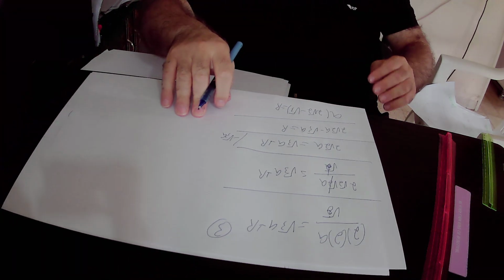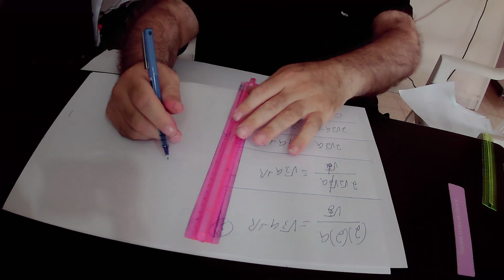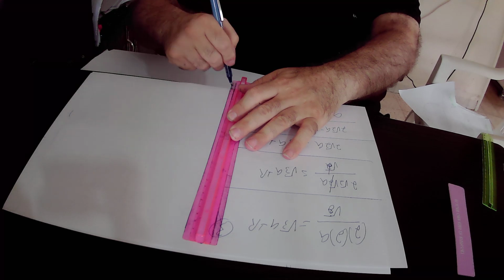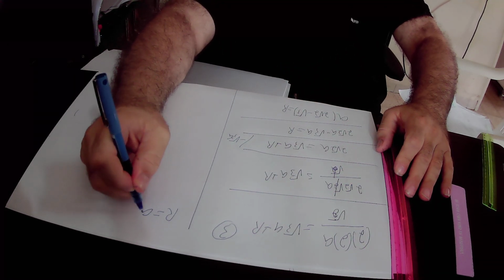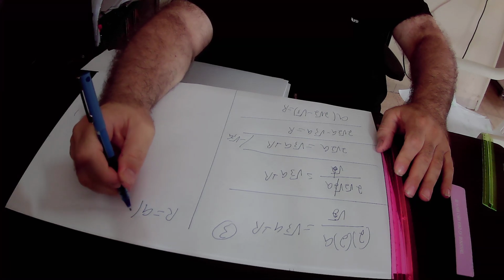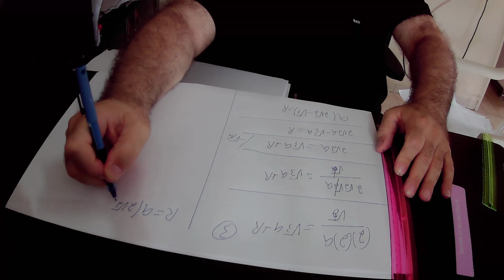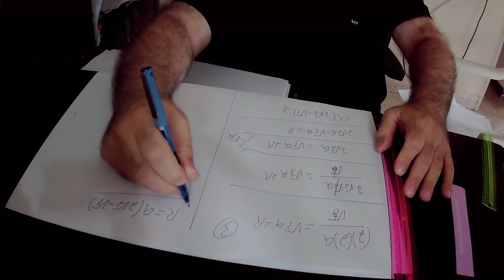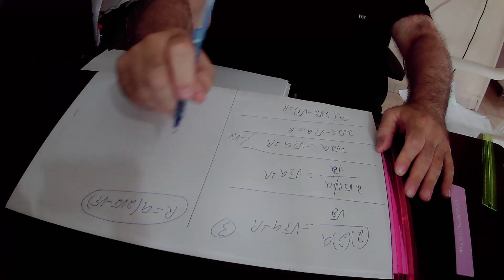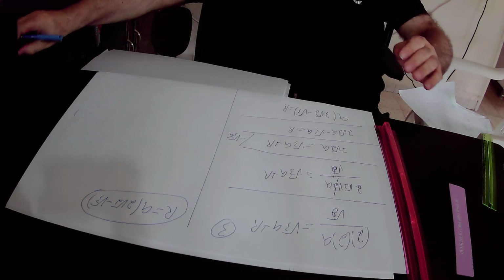So in conclusion, we found out that the radius of the circle r is equal to a times (2 times square root of 2 minus square root of 3). Okay.